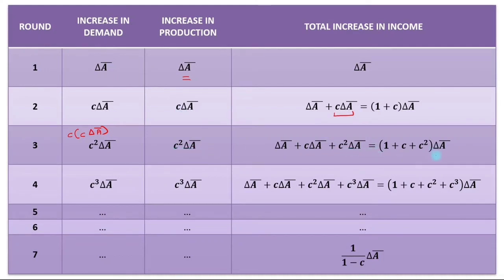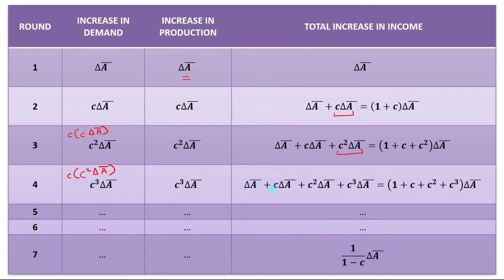Again, a fraction MPC of the increase in income of the third round, that is this one, will be spent on consumption, which will lead to an increase in income. To meet this increase in demand, production will also increase.